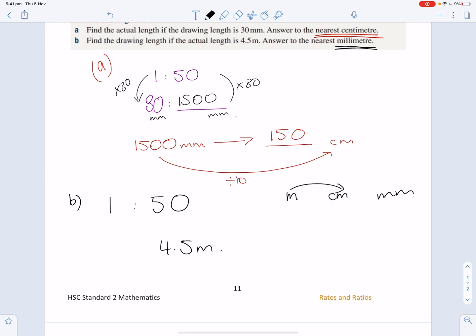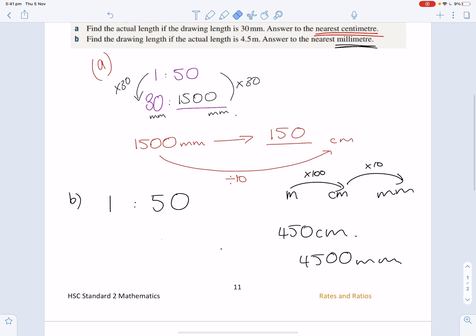To go from meters to millimeters, we need to go to centimeters first. So meters to centimeters, we are multiplying by 100, and then centimeters to millimeters, we're multiplying by 10. So 4.5 times 100 will be 450 centimeters, and then times 10 will be 4,500 millimeters. So we can swap that out and call this 4,500 millimeters.